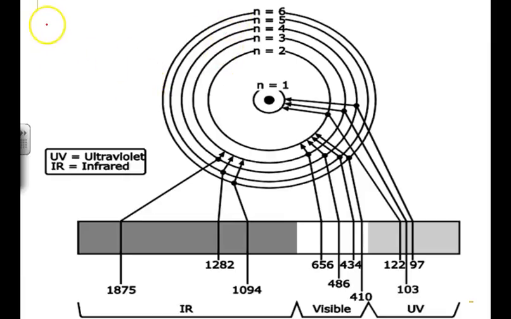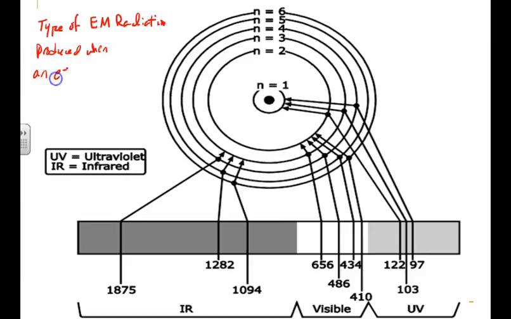For instance, let's suppose we're interested in the type of light, the type of electromagnetic radiation produced when an electron transitions from n equals 3 to n equals 1.